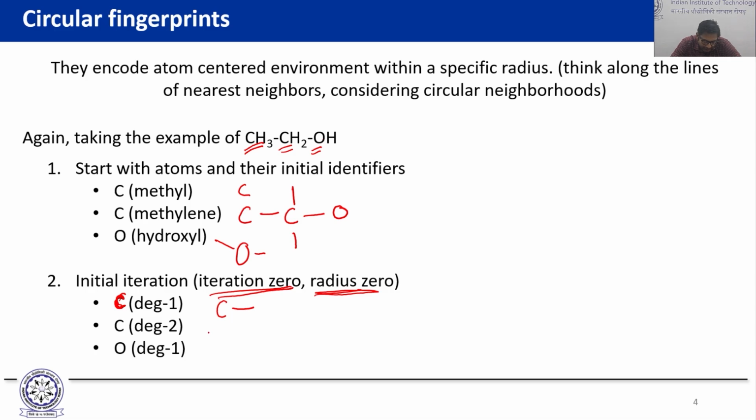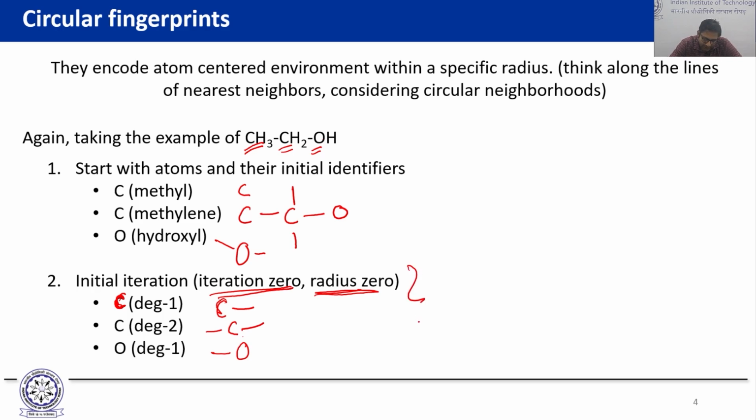The second one, I call a degree 2 carbon, because unlike the first one, which is connected on only one side to a carbon, with the rest hydrogen that we are not considering, the second carbon is connected to a carbon on one side and to the oxygen on the other side. We call this a degree 2 carbon. And then the third atom over here is the oxygen atom, and we call this a degree 1 because on one side it is connected to carbon and we are not counting the hydrogen.